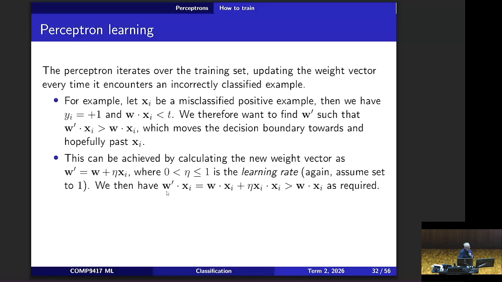So then we have that the new W dot xi is W dot xi, the previous model, plus xi dot xi, okay? Because we are adding this to this. And clearly that is going to be greater than W dot xi. But basically the way to think about it is we're just adding the data to the weight vector.